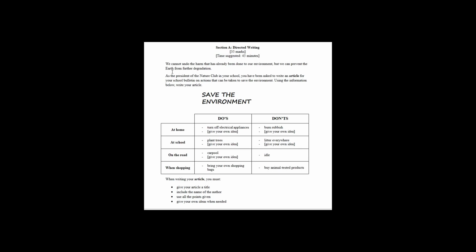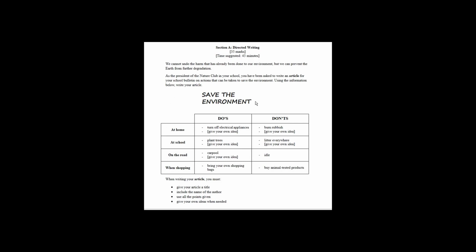Okay, so make sure you understand what the instruction asks you to do. The instruction clearly says that you are the president of a nature club and you need to write an article on actions that can be taken to save the environment. Here they already provided you the structure, the main points, for you to elaborate. You have to pay attention to this.